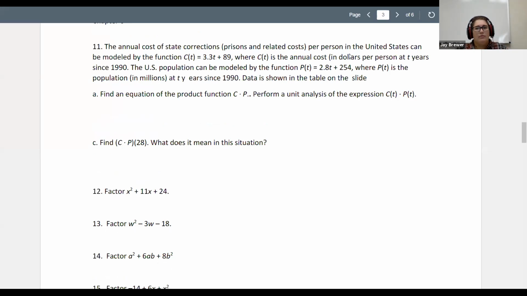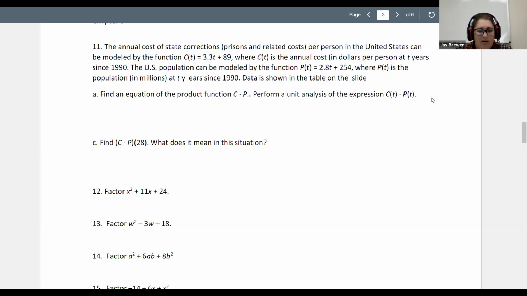All right, so we're looking at number 11, which probably, again, is coming from a PowerPoint slide. This one at least gives us a little bit more information. So you can go ahead and read it to yourselves. What we want to do is find an equation of the product function C times P, perform a unit analysis of the expression.